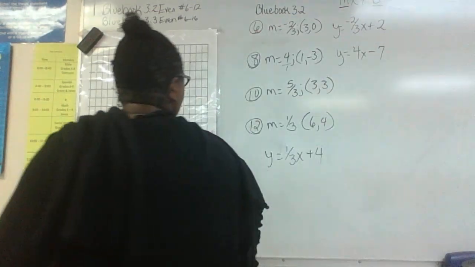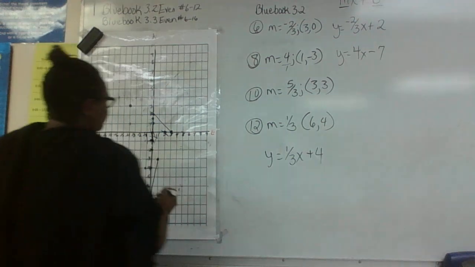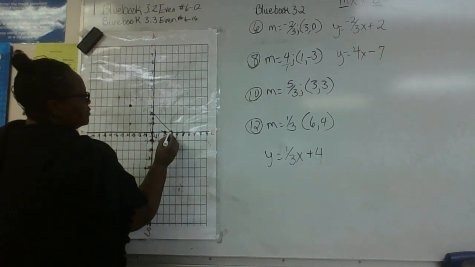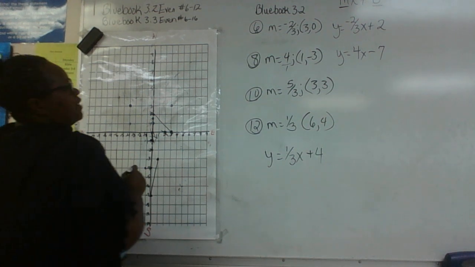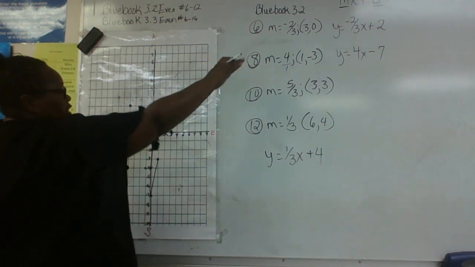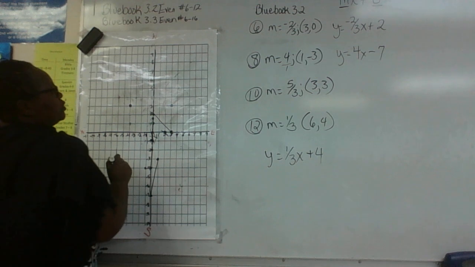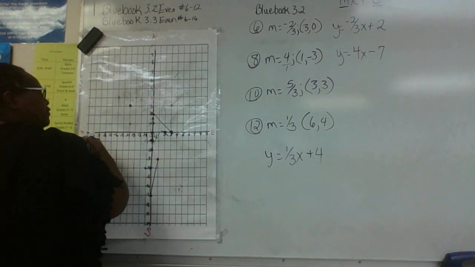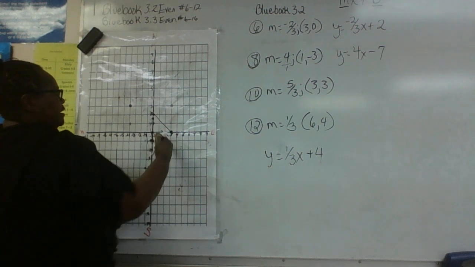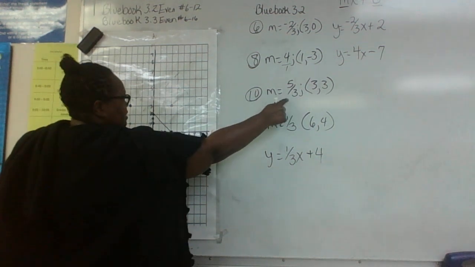On number 10, we have 3, 3. 1, 2, 3. 1, 2, 3. There's our point. Our slope is 5/3. It's positive, so it's going to go in this direction. So we're going to drop and go left, so that negative gives us our positive slope.